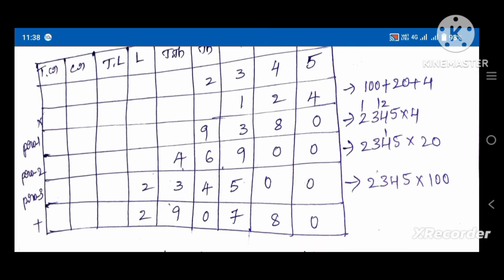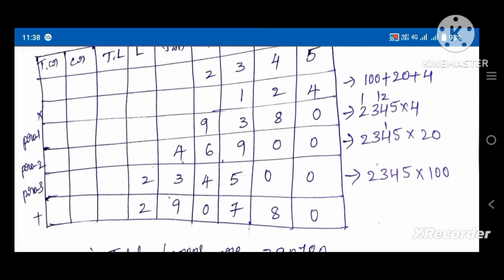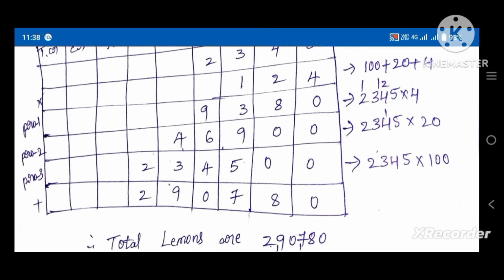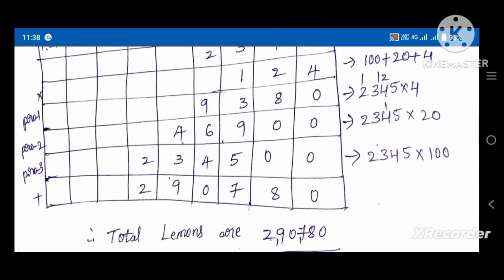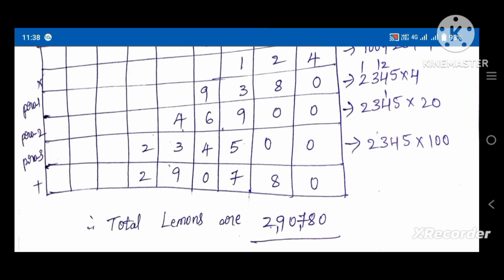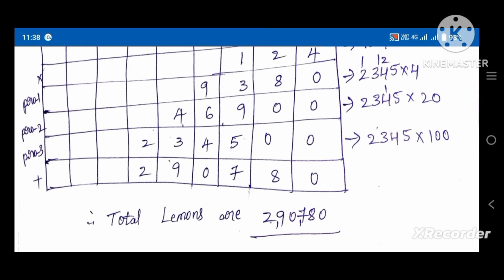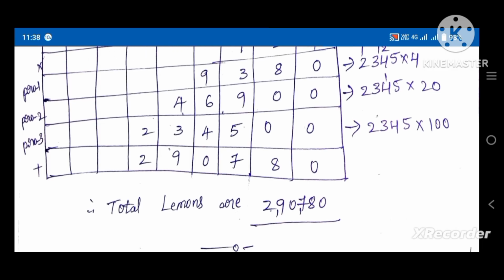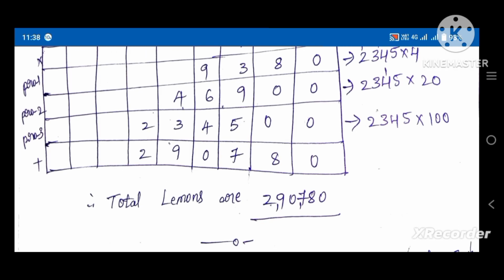Third product is 2345 into 100 is equal to 2,34,500. Add the three products, then we will get the answer 2,90,780. Total lemons are 2,90,780.